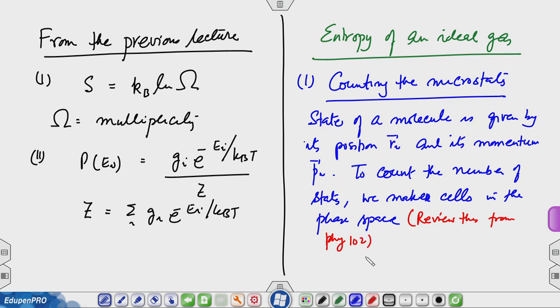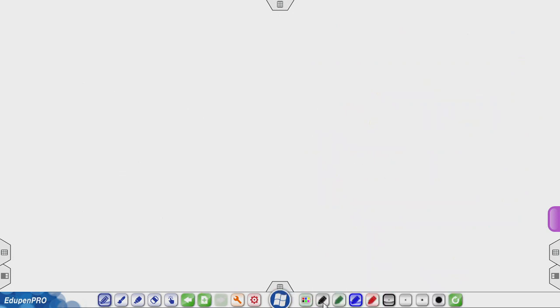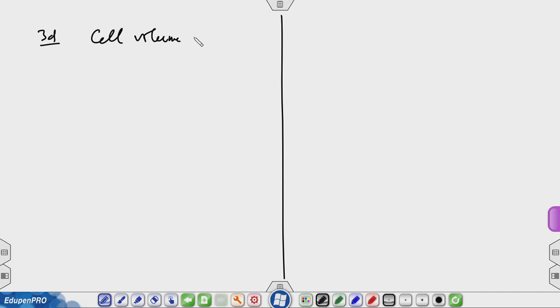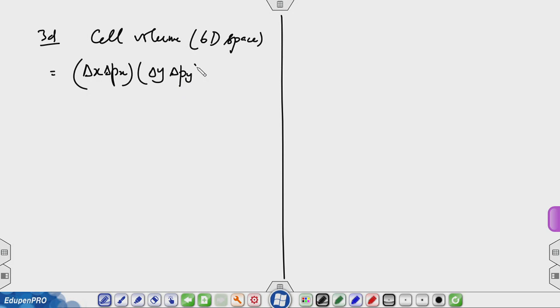In 1D, therefore, the cell is going to have a size delta x, delta px. And in 3D, the cell volume in 6D space is going to be delta x, delta px, delta y, delta py, and delta z, delta pz.